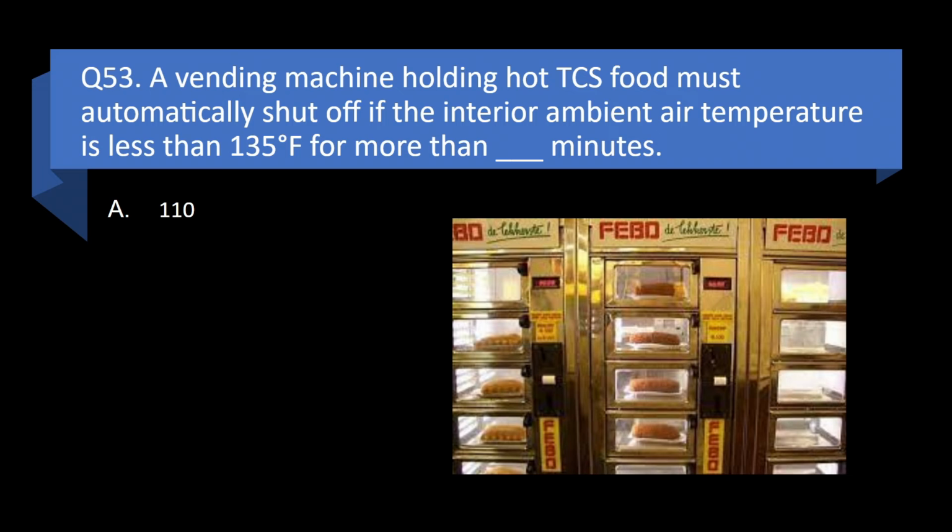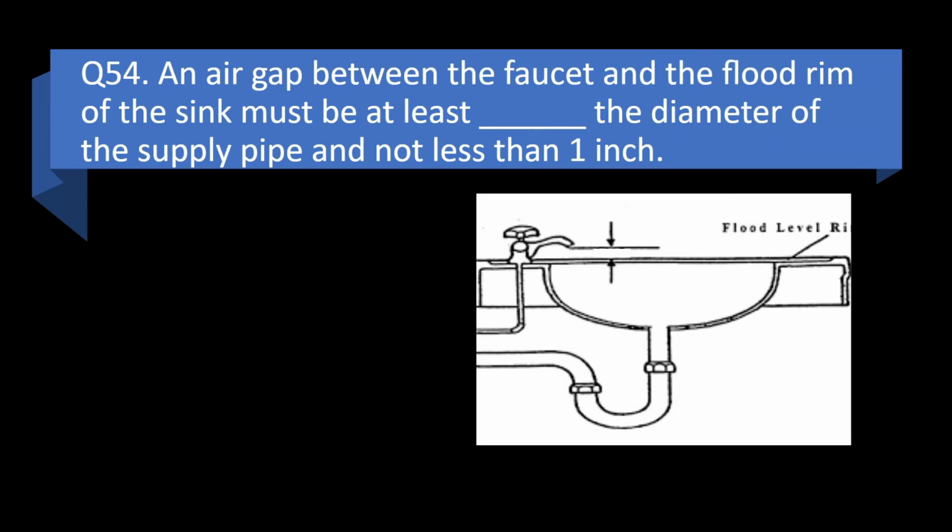110, 120, 130, or 160. B. 120. Question 54. An air gap between the faucet and the flood rim of the sink must be at least blank the diameter of the supply pipe and not less than 1 inch. Twice, 3 times, the same as, or 4 times.